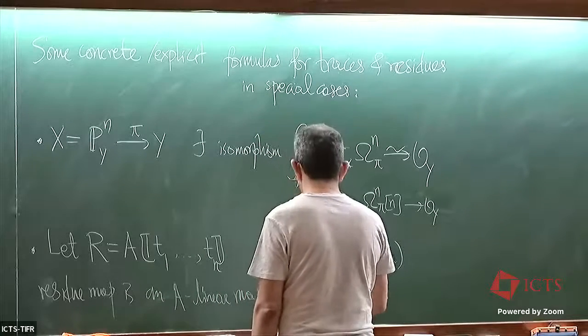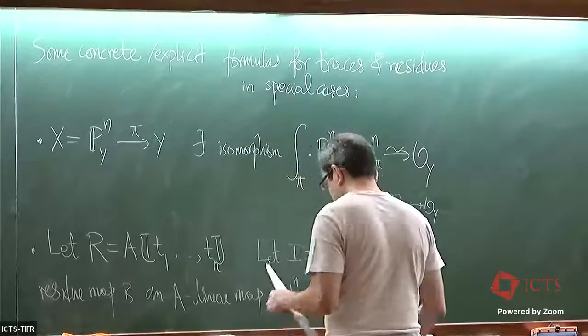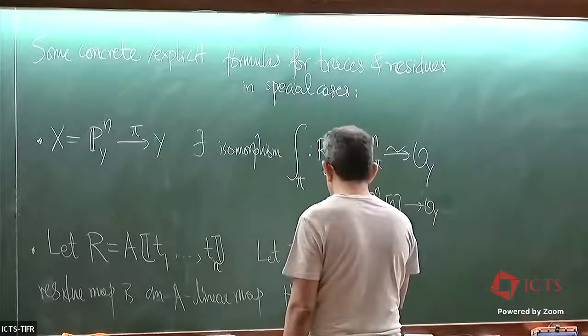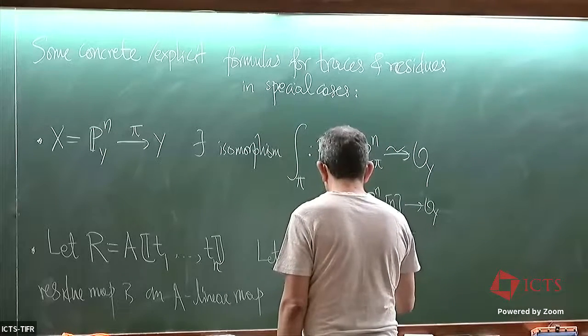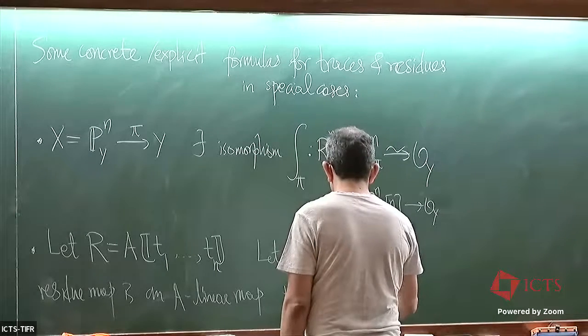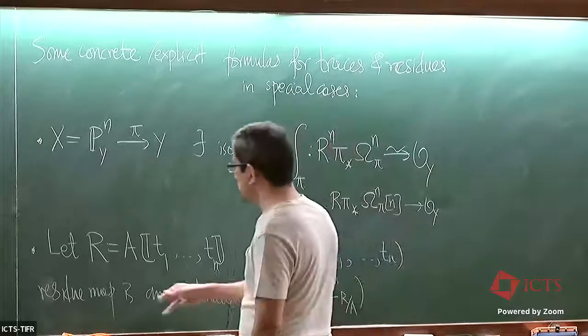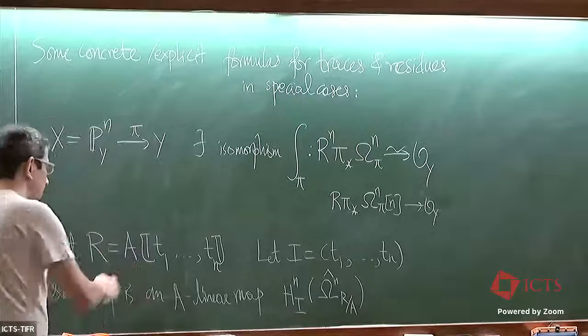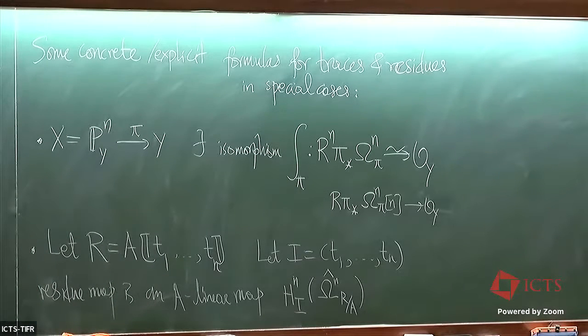H^n_I of omega hat^n_{R/A}. Here I have to use omega hat, because R is basically too big over A. If you just look at the module of differentials, that will give you something terrible. But if you complete it, then you will still get a finitely generated module.